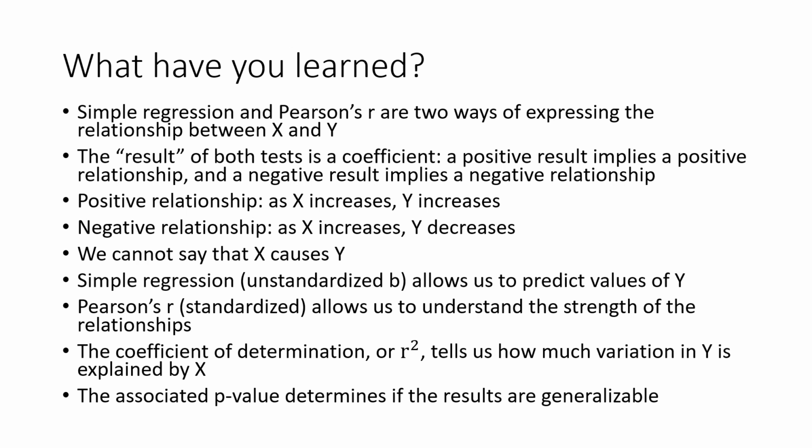The coefficient of determination, or r squared, tells us how much variation in our dependent variable is explained by our independent variable. And of course, as with the other statistical tests that we've learned, the p-value associated with either your simple regression equation or your Pearson's R equation will tell you whether or not that relationship is generalizable from your sample to your population.